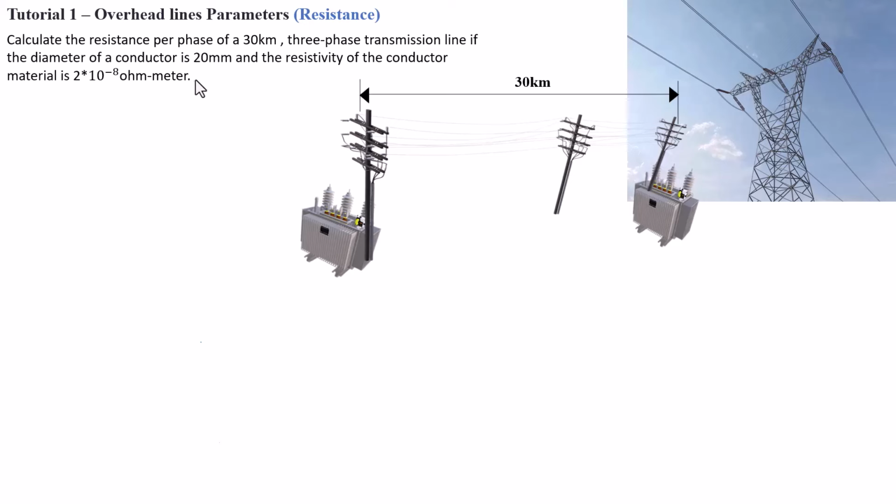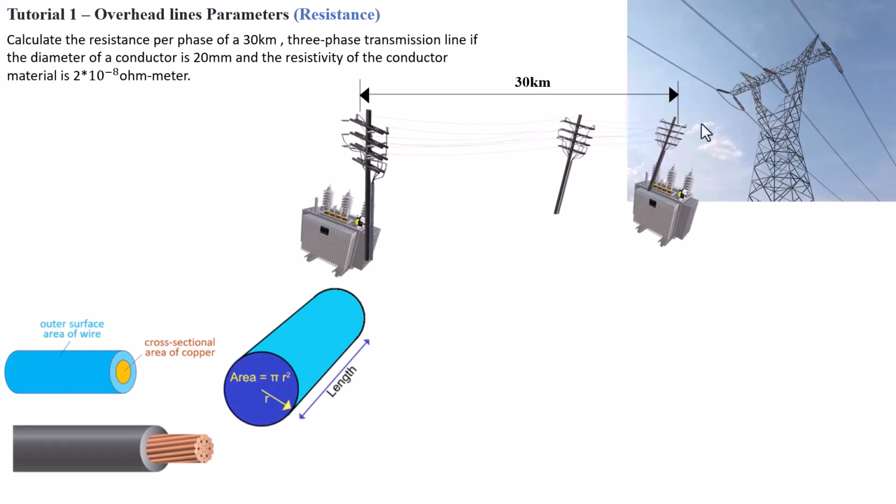Great. Now we also have a diameter of 20 millimeter that is given to us. This plays a very significant role in determining the resistance of the transmission line's cable. Now, a larger diameter will result in a larger cross-sectional area of your conductor, which will reduce the resistance of this cable, allowing for more efficient current flow in your transmission line.